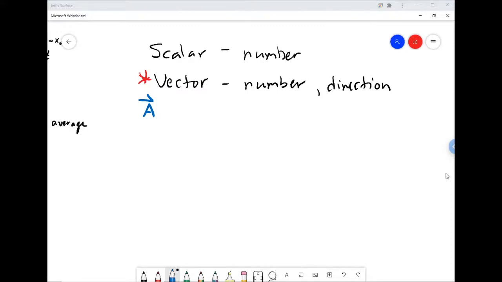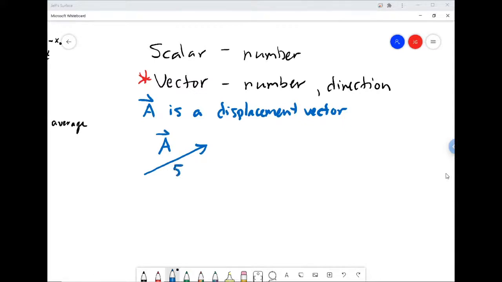So I could say A is a displacement vector, and I could represent it using an arrow. Maybe it has a magnitude equal to 5 meters.